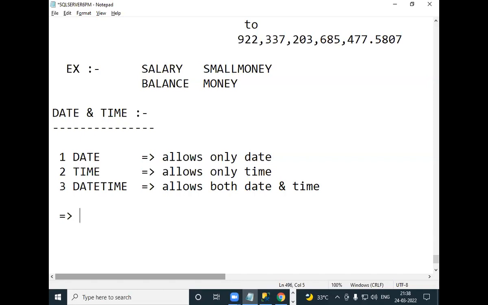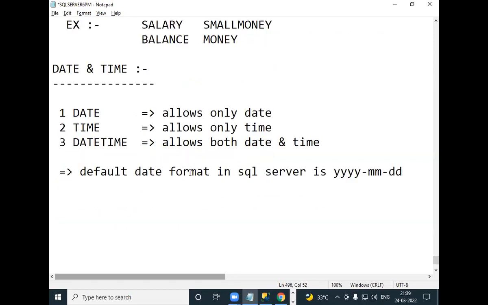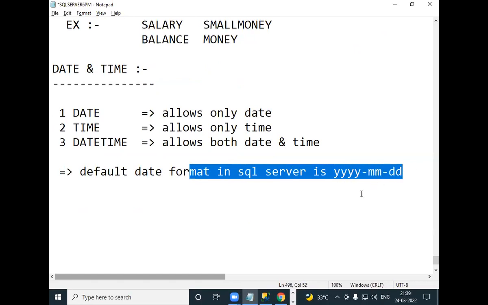What is the default date format in SQL Server? The default date format in SQL Server is year month day.